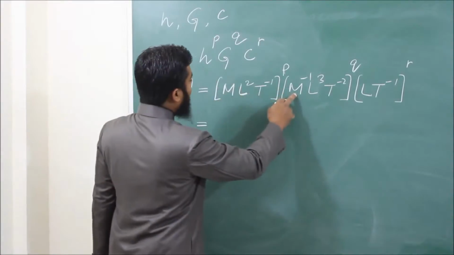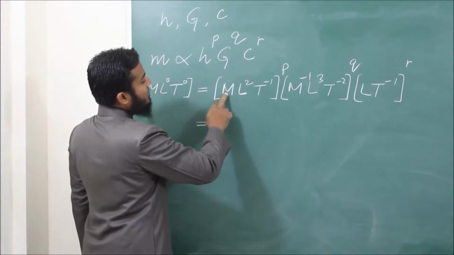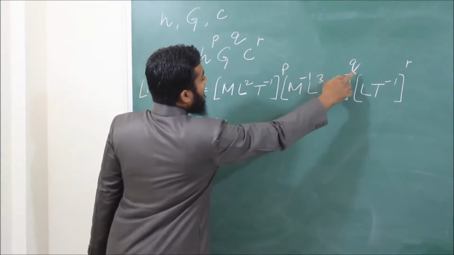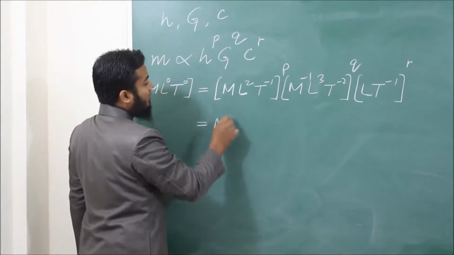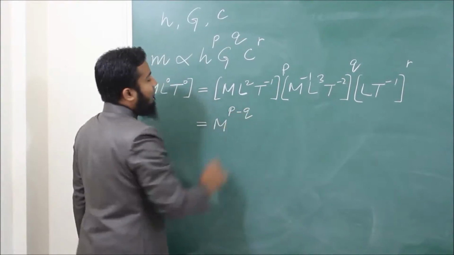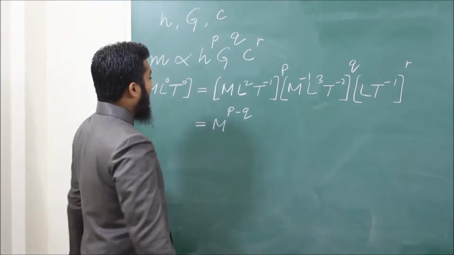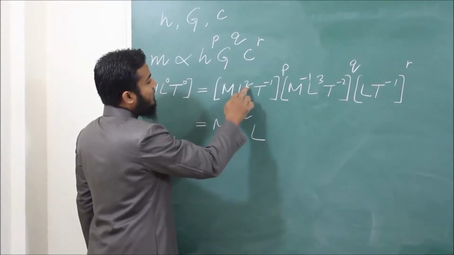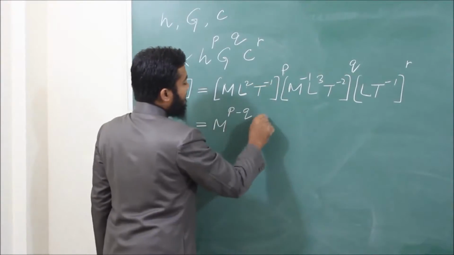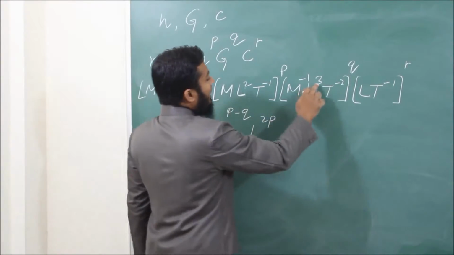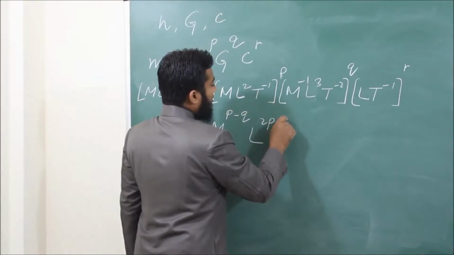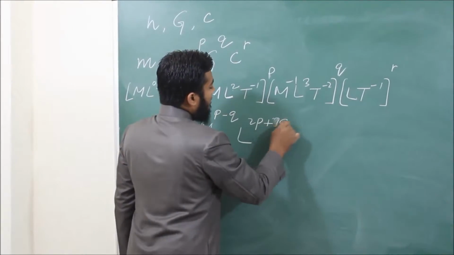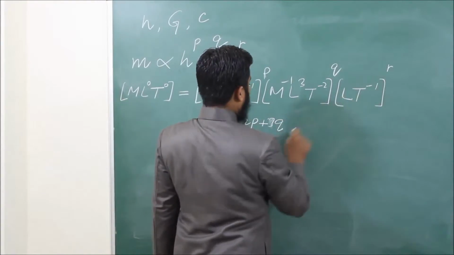M is appearing at 2 places, so it has powers p and minus q. So M has the total power p minus q. L is appearing at 3 places, so L has the powers 2p, 3q, and r.